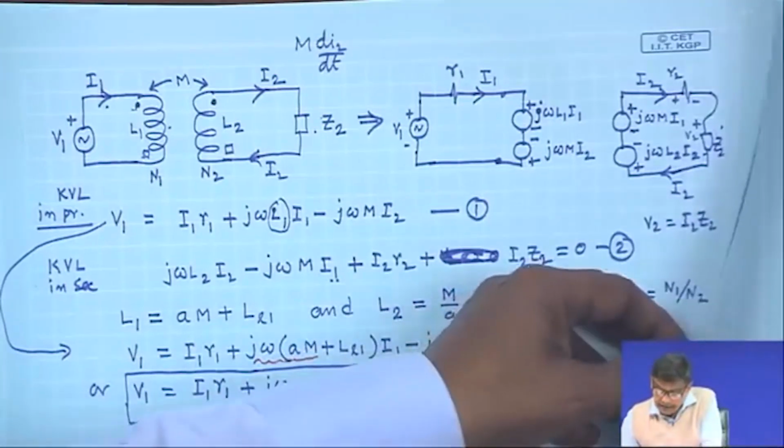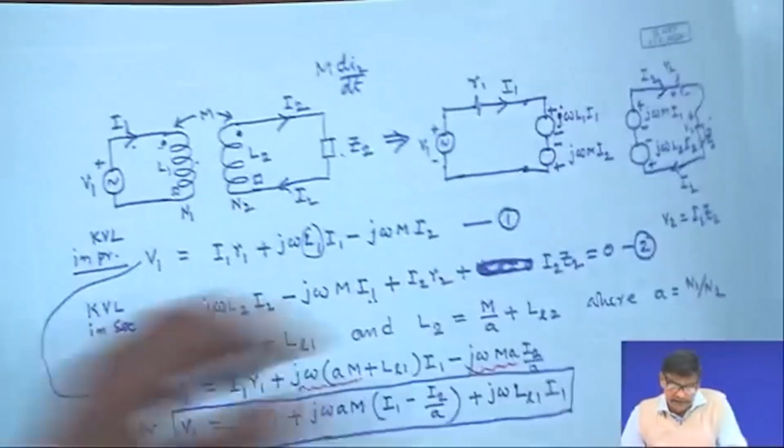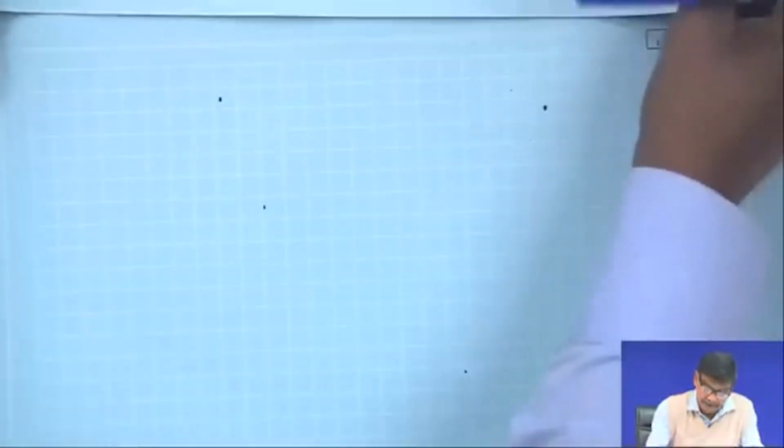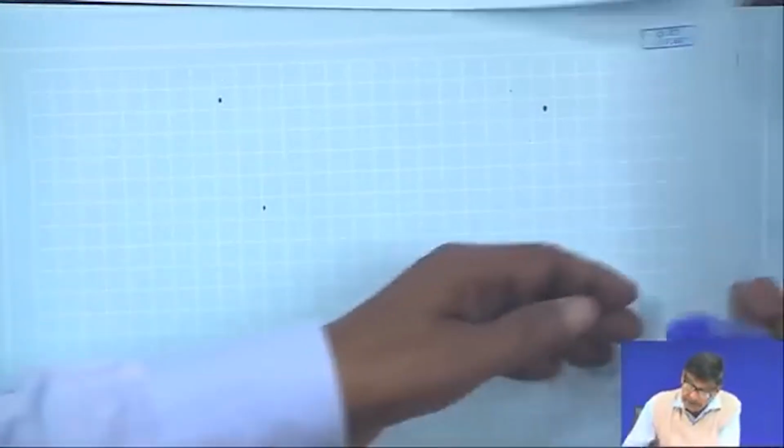Now, let us similarly play with the second equation, the KVL equation of the second coil, which we have already got.